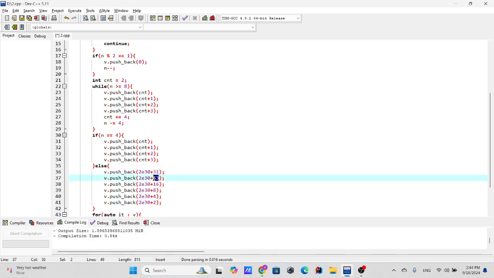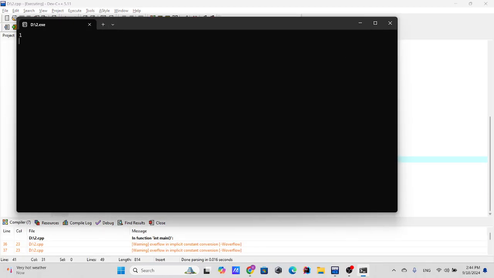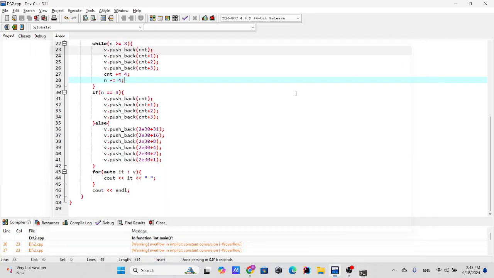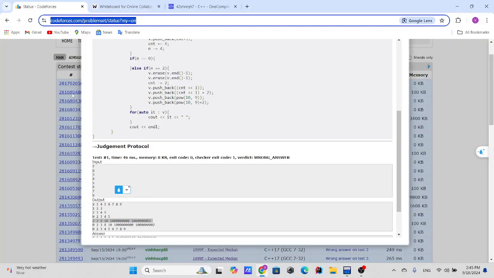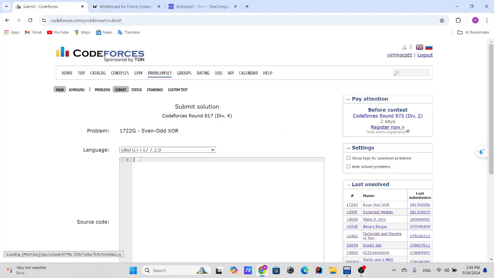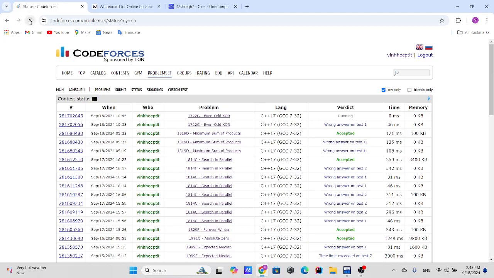Maybe 31 and then 16, and then plus 1 here. Seven. Okay, this should definitely solve the job, I think. It's kind of messy, but I think the answer will still be correct.